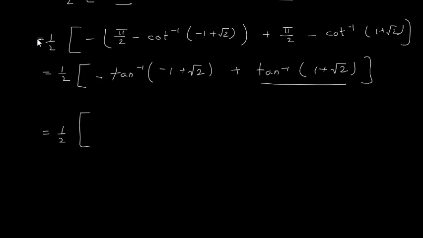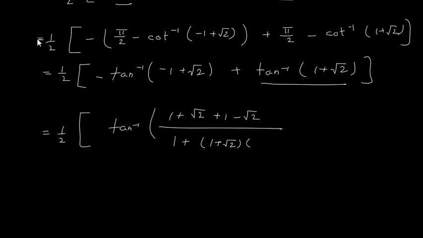So this is equal to 1 by 2. Tan inverse A minus tan inverse B is tan inverse of A minus B upon 1 plus AB, that is 1 plus root 2 minus this minus 1 will become plus 1 and minus root 2. In AB we have 1 plus root 2 into minus 1 plus root 2.